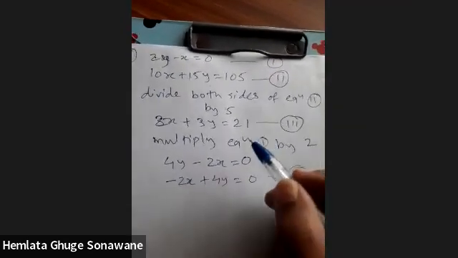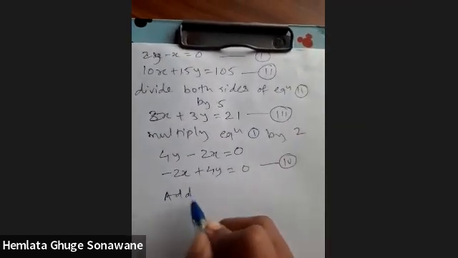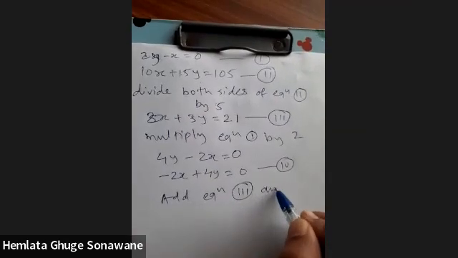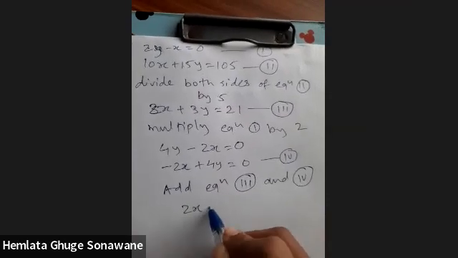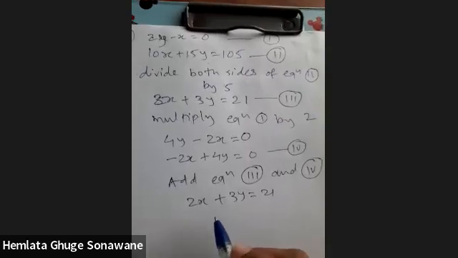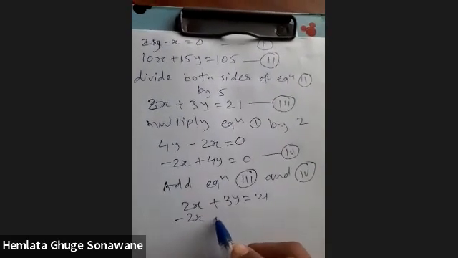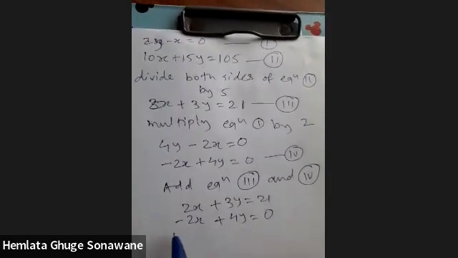Now we'll add equation 3 and 4. So it becomes 2x plus 3y is equal to 21 and minus 2x plus 4y is equal to 0.